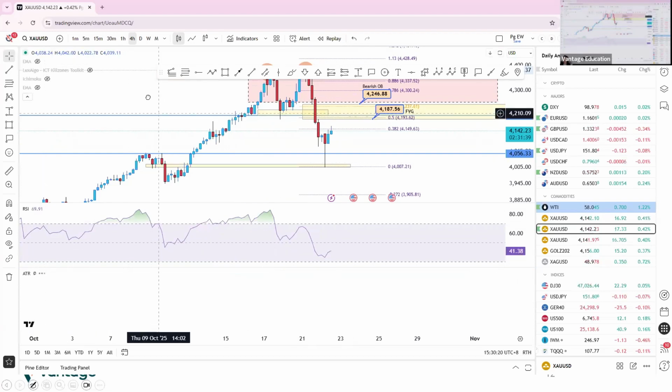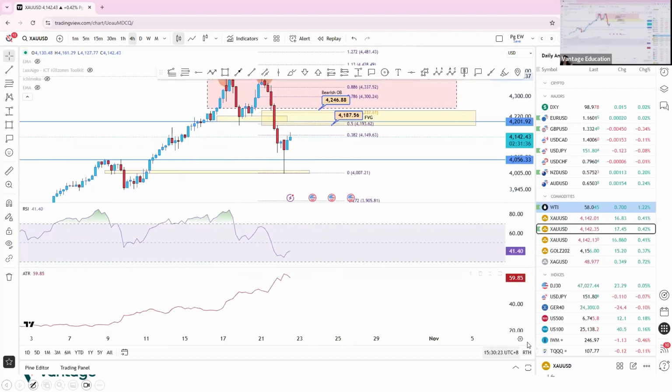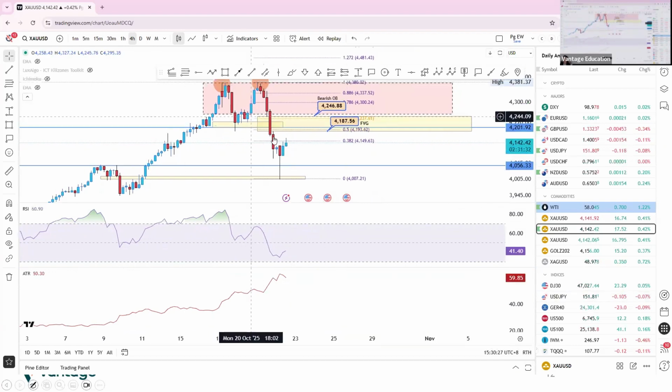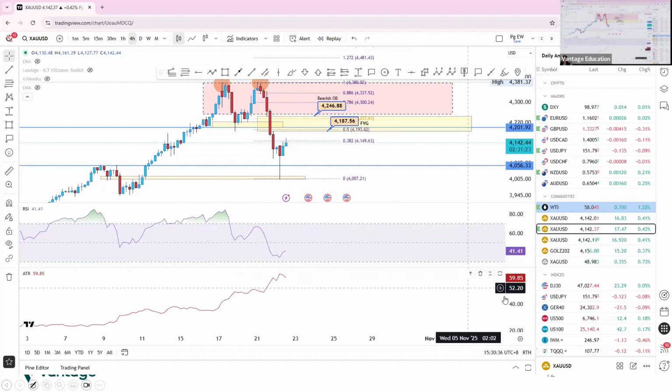Oh, it's loading. Okay, based on H4, the average true range is about 590 pip, meaning that within the H4 time frame, gold moves an average of 590 pip.